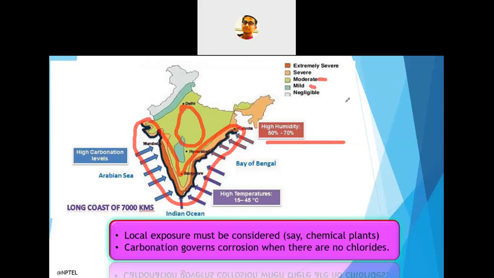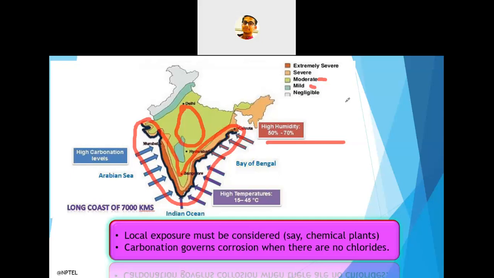There may be some chemical plant, or if you are constructing some chemical industry which works with salt and all, the ambience of the atmosphere near this structure may be rich in chloride. So there also you may have chloride induced corrosion, even though this region is away from the coastal line.